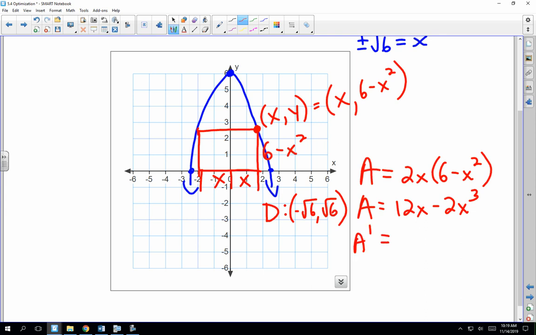So A prime is equal to 12 minus 6x squared. Set that equal to 0. So x equals plus or minus root 2.